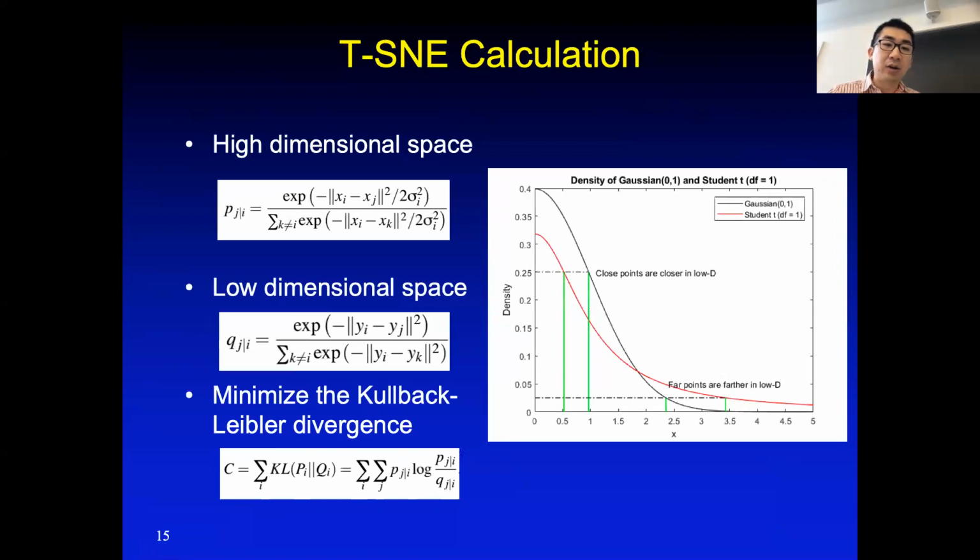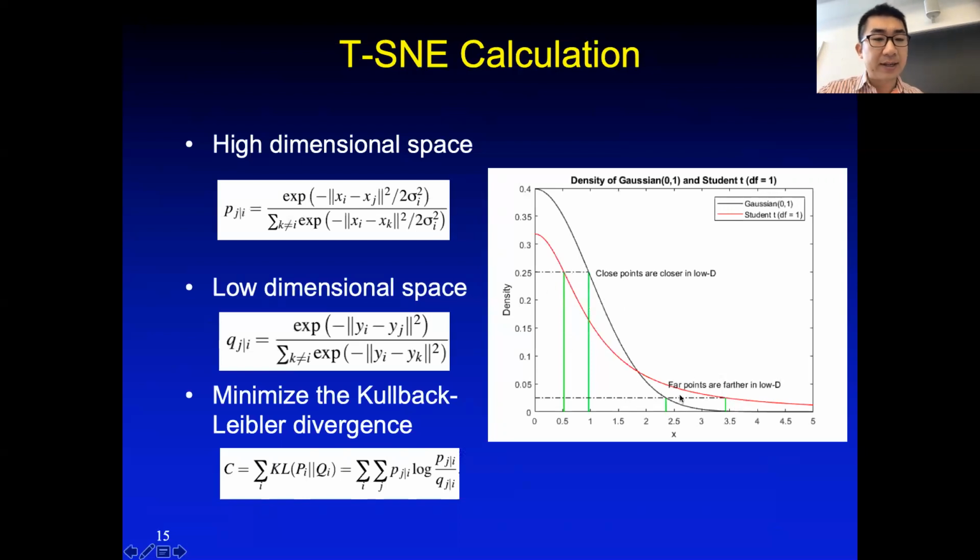It has a long tail. By doing this, if a point is in the middle of these distributions, which means it is close to the point you are interested in, then in the t-distribution it will be even closer.